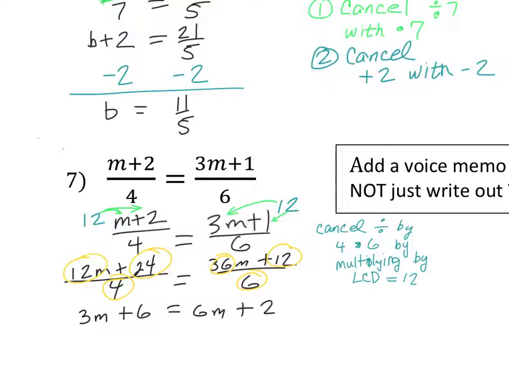So now we've got just a basic equation with variables on both sides. We've ditched all those denominators. We canceled out all the fractions, so now we have an easier problem to work with. So now I'm going to move the variable to one side.